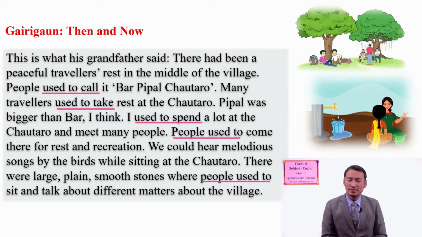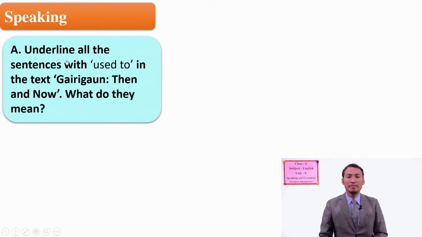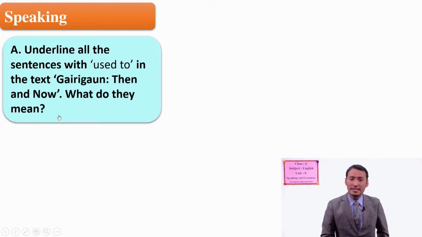Do you get it, students? Okay, so let's go back again. This is the task that we have done right now. We underlined the sentences with the words used to, and then we also talked about what they mean. Okay, students? So we have got some ideas about it.